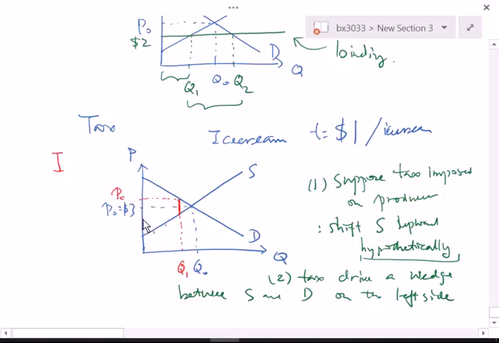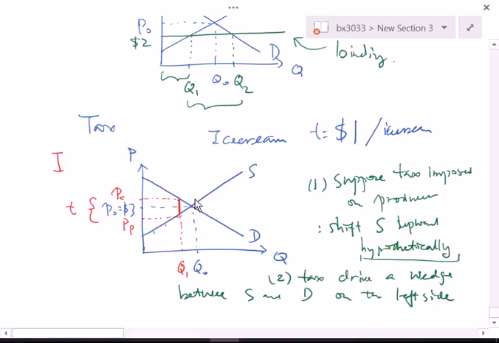However, producers receive a price of this many, the producer price, with the difference being the tax rate. Okay, so that's how to incorporate tax into supply and demand diagrams. And the easiest way is to think that tax drives a wedge on the left hand side of the equilibrium.